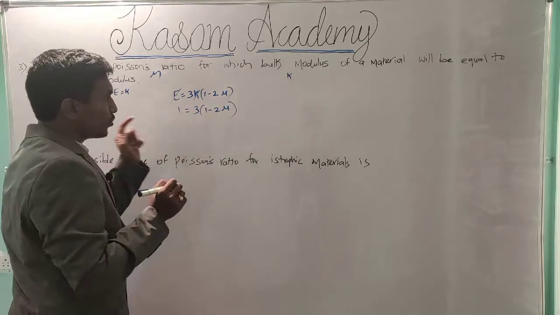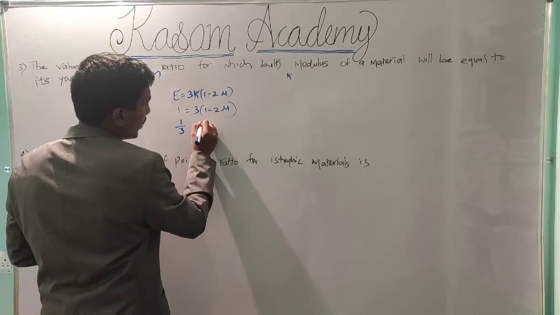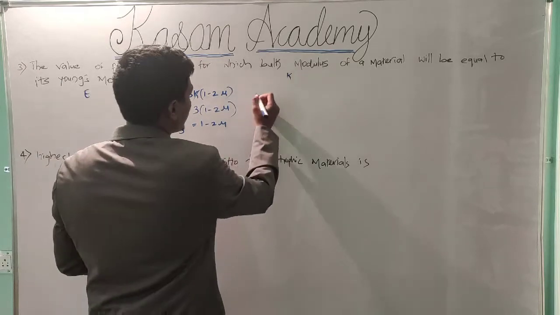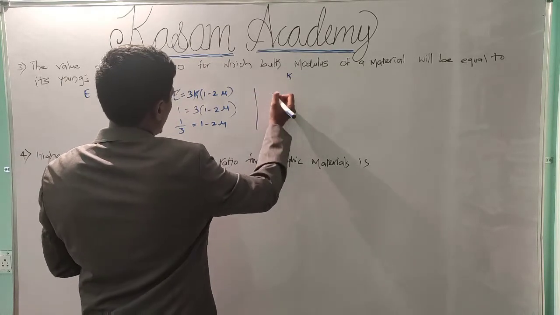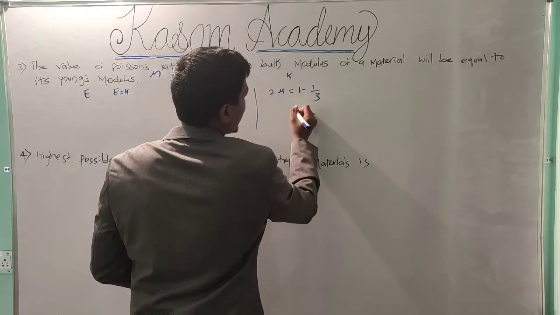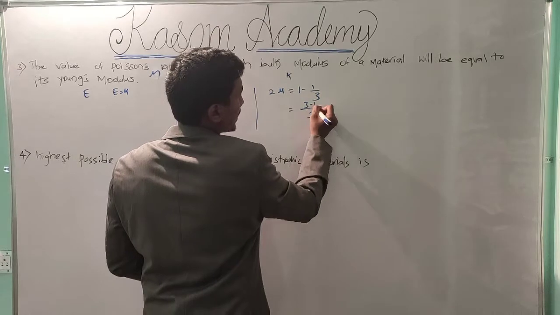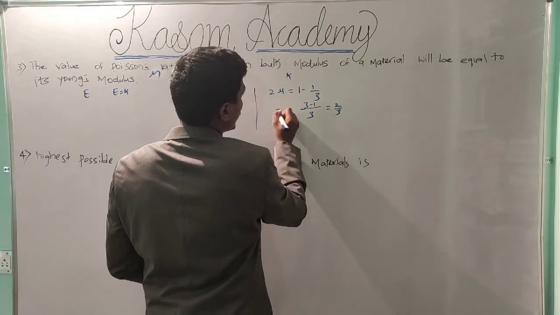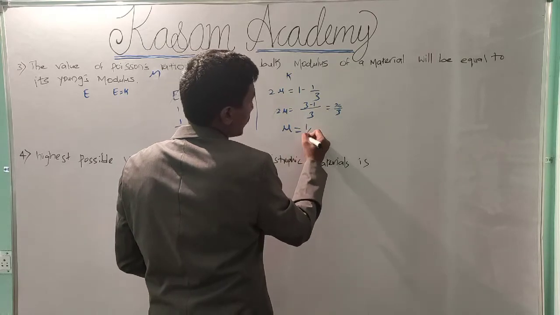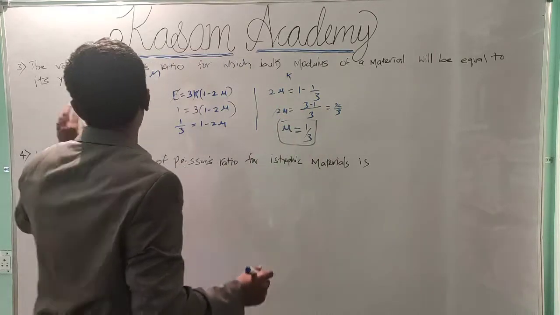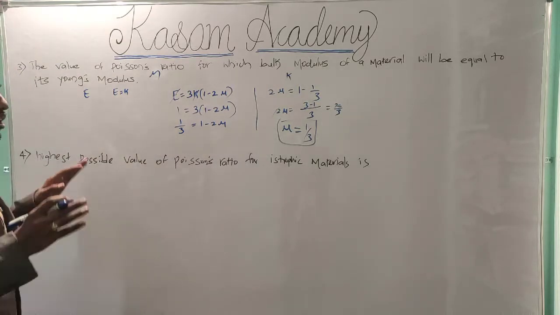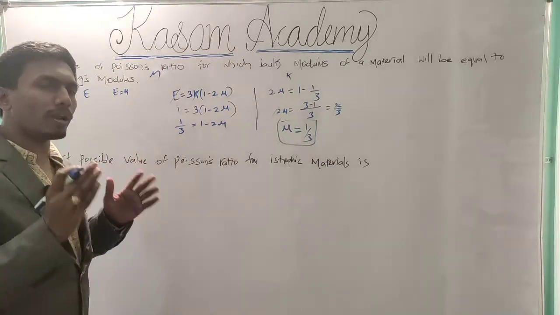Dividing by 3, 1 by 3 equals 1 minus 2 mu. So 2 mu equals 1 minus 1 by 3, which is (3 minus 1) by 3, that is 2 by 3. Here mu equals 1 by 3. The solution for this problem, where bulk modulus and Young's modulus are equal, is a Poisson's ratio of 1 by 3.